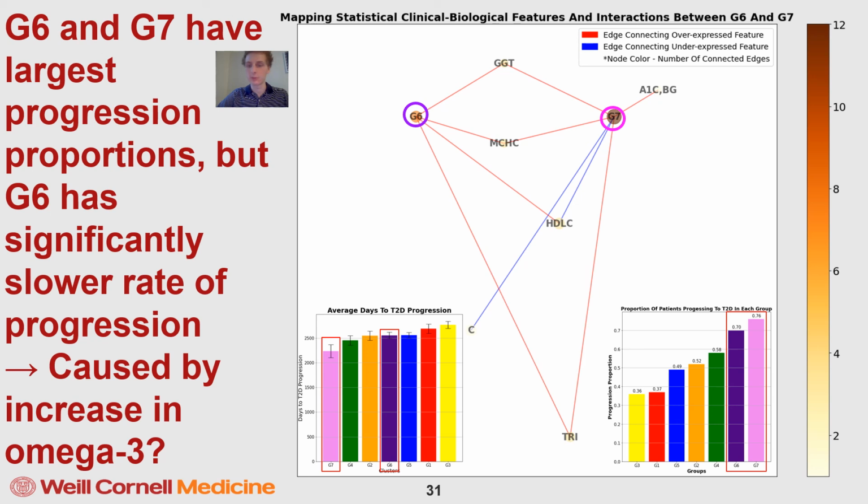And so we see that group 6 performs better in a clinical sense, such that fewer people progress to type 2 diabetes, and it takes longer for them to progress. Now, we hypothesize that this could be caused by the overexpression in group 6 of omega-3 fatty acids that was not found in any other group.